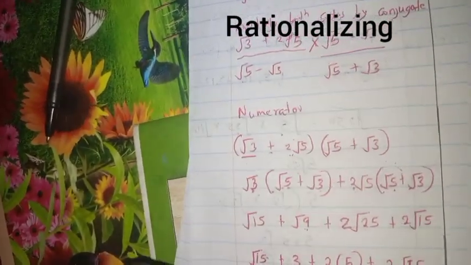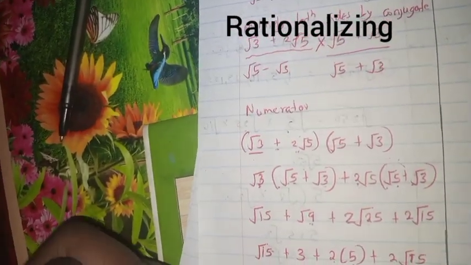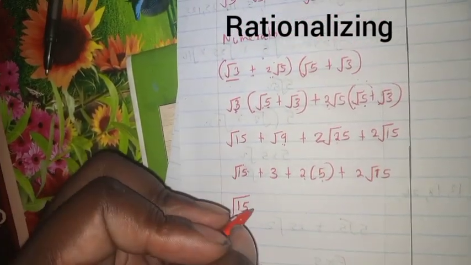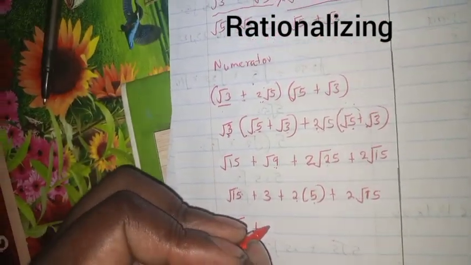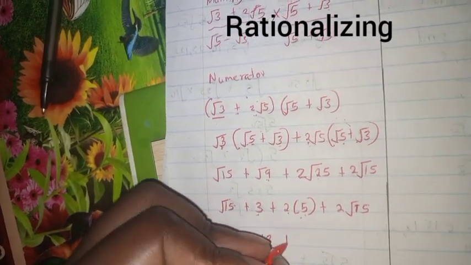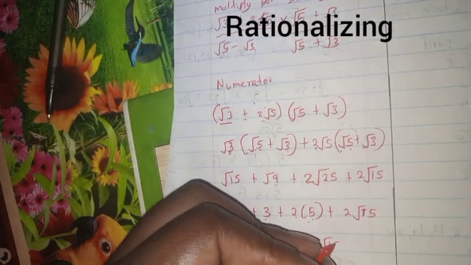Taking the whole numbers together, 2 times 5 is 10. Therefore you have root 15 plus 13, since 10 plus 3 is 13, and then plus 2 root 15.